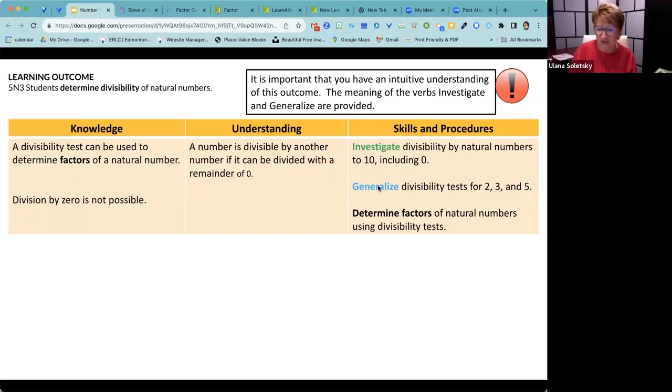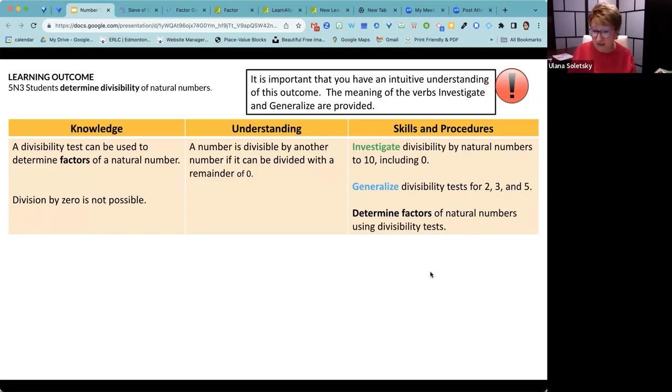And so investigate and generalize, please do go to Tammy's action cards, what it means. So investigate means that they have to look into, we're not just going to give them these tests. They have to investigate and find what they are, and they have to actually generalize the tests for 2, 3, and 5.